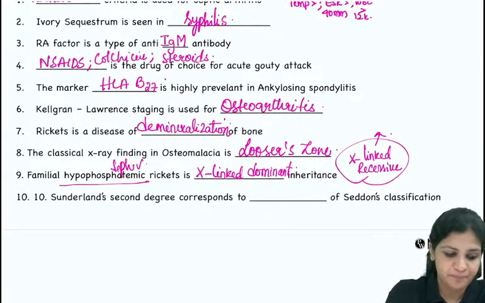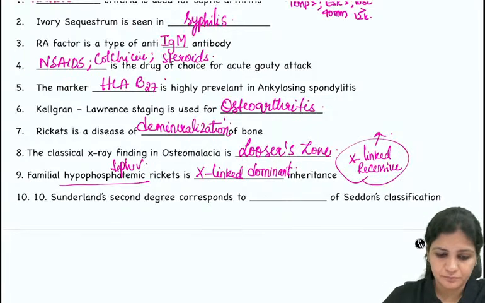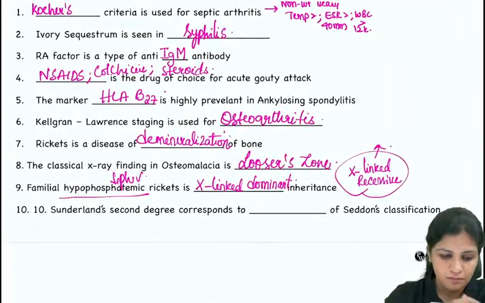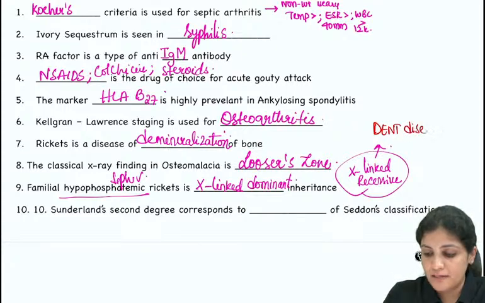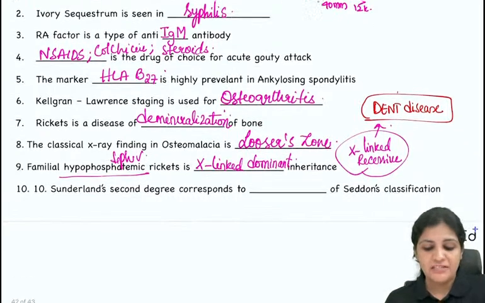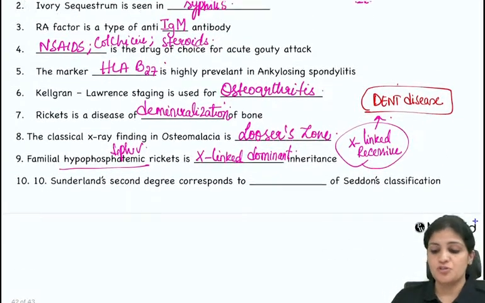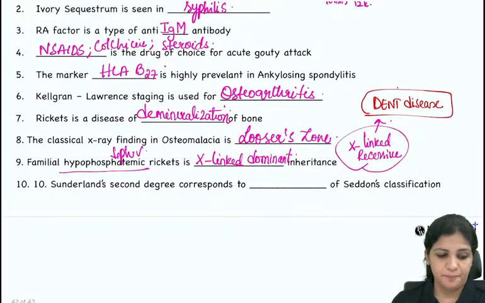Called Dent disease, right? Dent disease. Good.